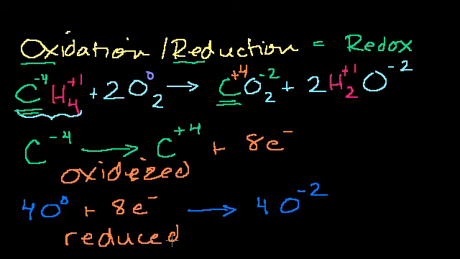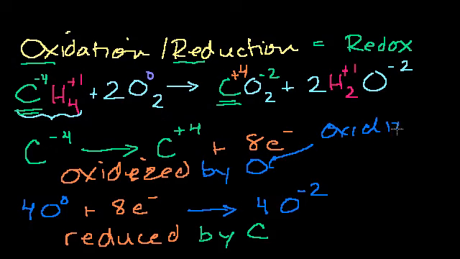What was it reduced by? It was reduced by the carbon. What was the carbon oxidized by? It was oxidized by the oxygen, which oxygen tends to do. It tends to oxidize things. What is the oxidizing agent? What's the thing that did the oxidizing? The oxygen is the oxidizing agent.